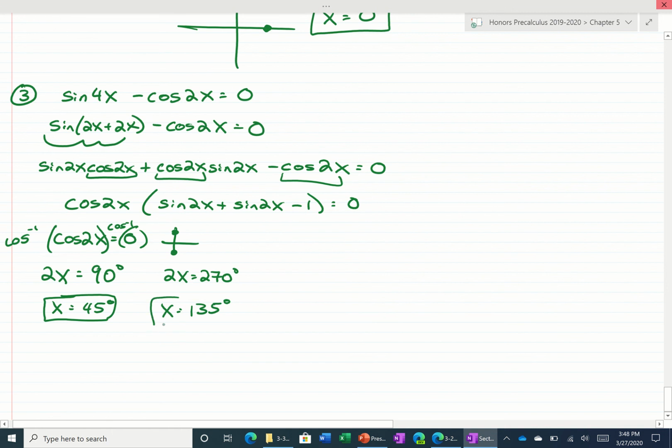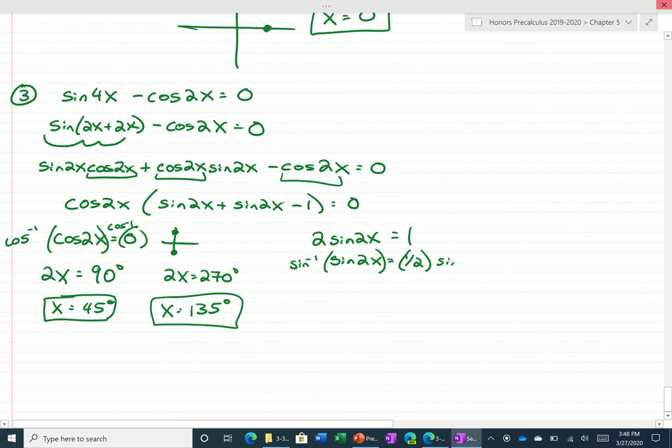Let's see what happens with 2 sine of 2x is equal to 1. Well, if we bring the 2 over and take the inverse sine of both sides, we get 2x is equal to, well, what angle gives us a sine of 1/2?